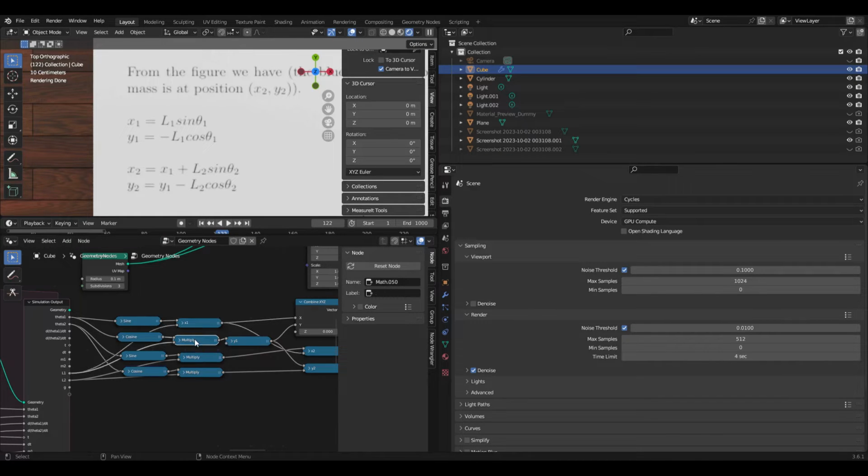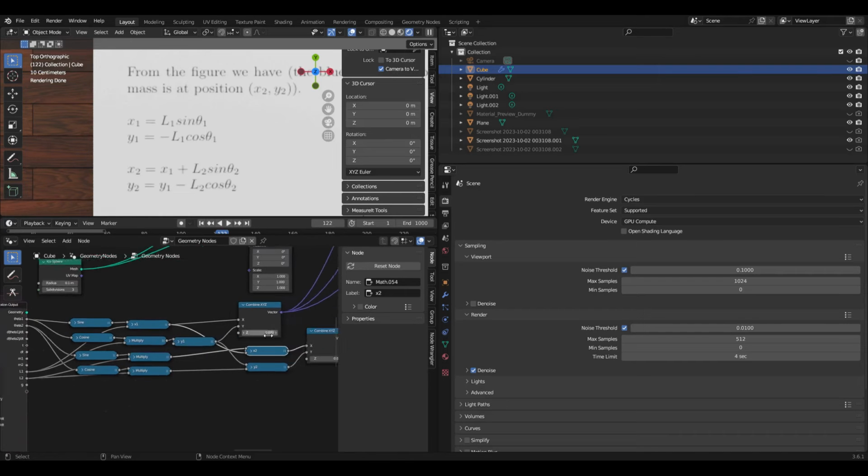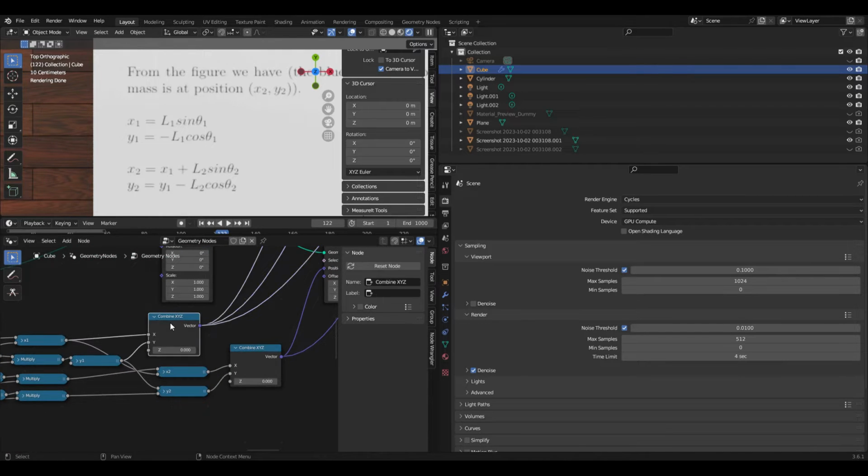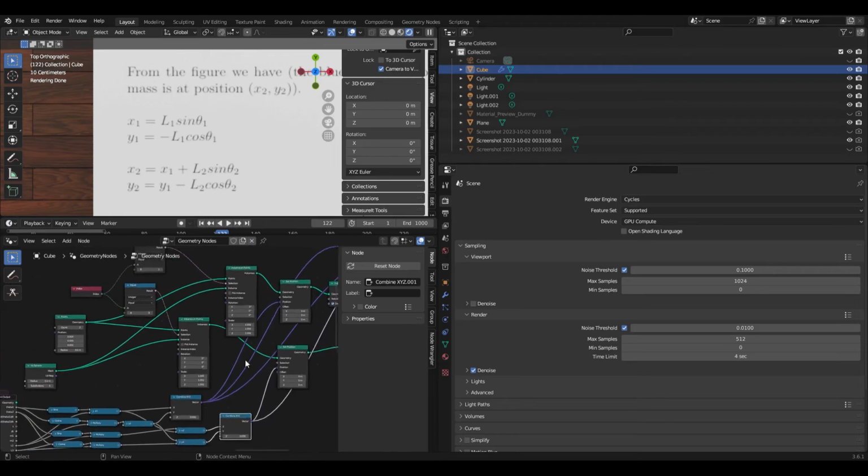So here I take those outputs from the simulation and I'm creating XY coordinates for each of those endpoints where the masses are. Of course, the origin is going to be the pivot point. That makes it easy.